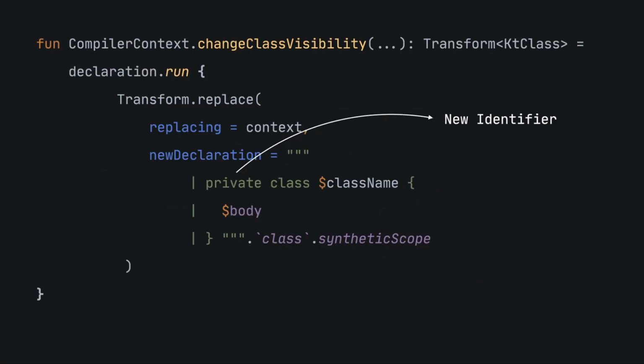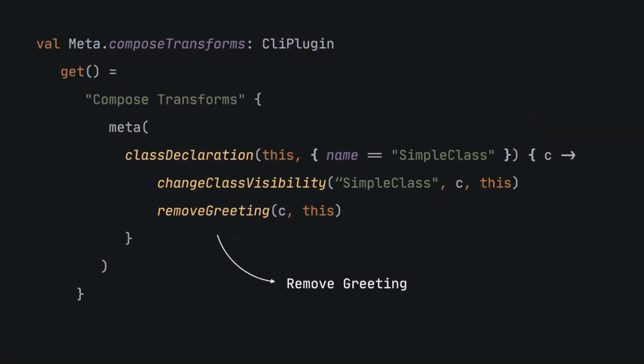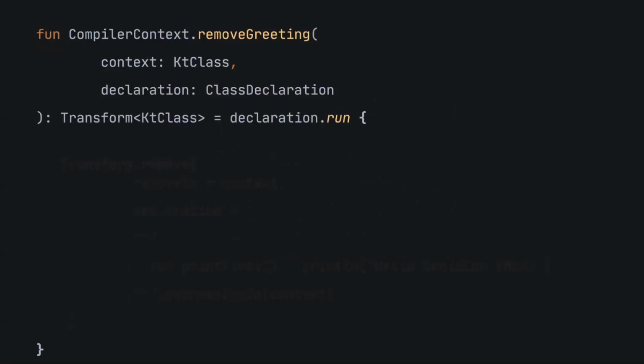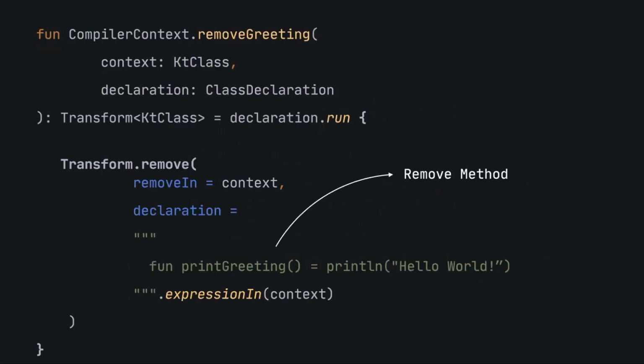You can see the modifier is now private. I also want to remove a particular method in there. So I'm going to follow the same pattern, and then apply this transform.remove transformation, and this will be the method that I want to search for and remove from the class.